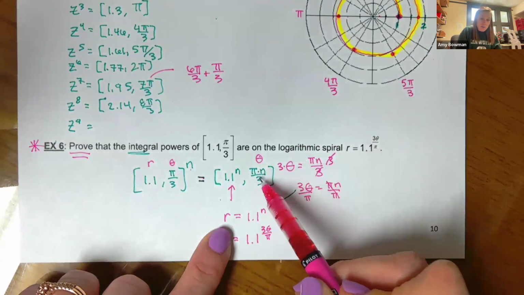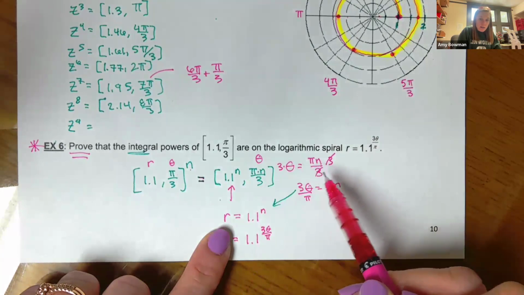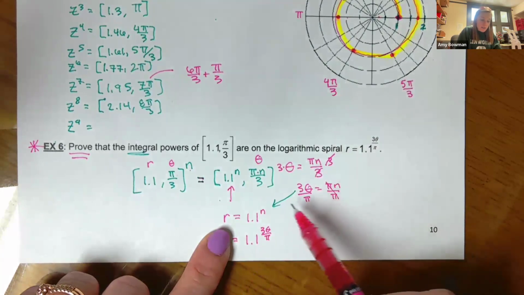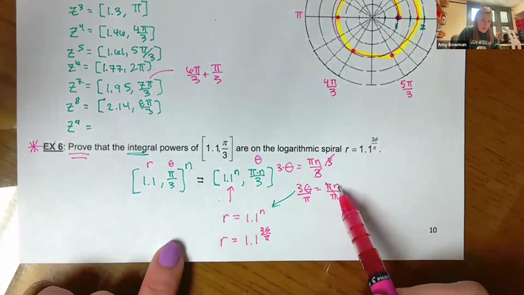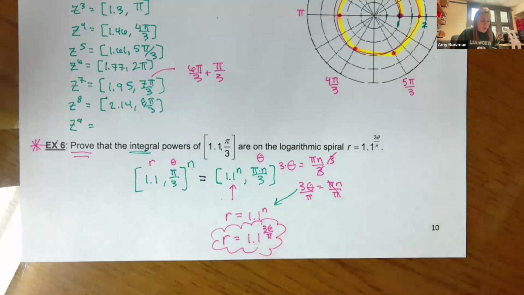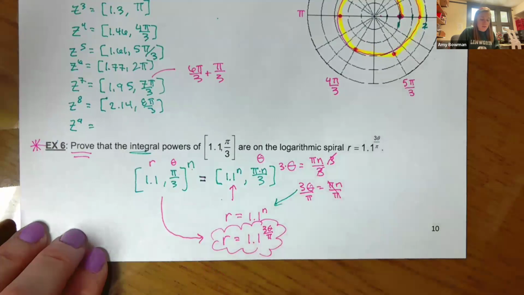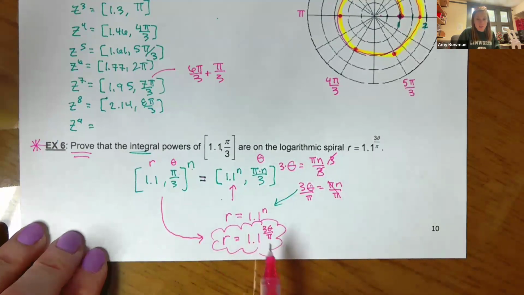But we also have our theta value right here. So if theta is pi n over 3, then we can rearrange that equation for n and substitute it back in. And then we end up with this equation of a logarithmic spiral. So all of these powers form the logarithmic spiral given by that equation.